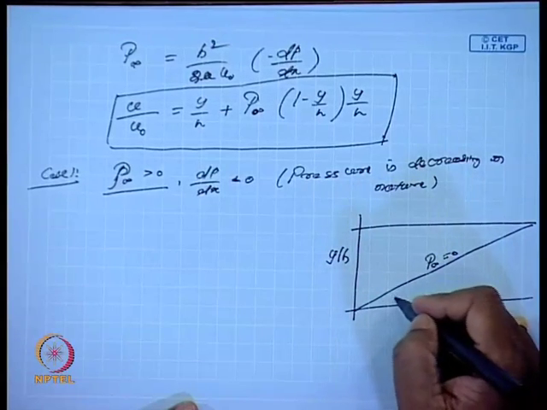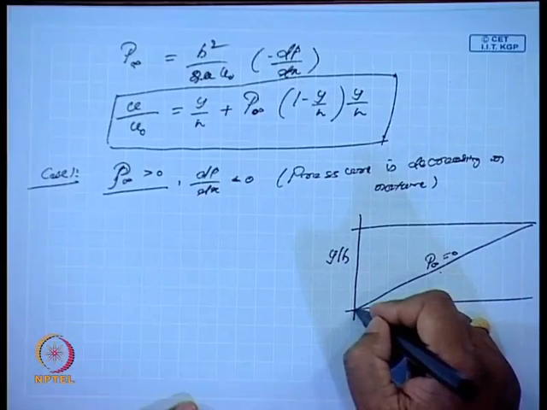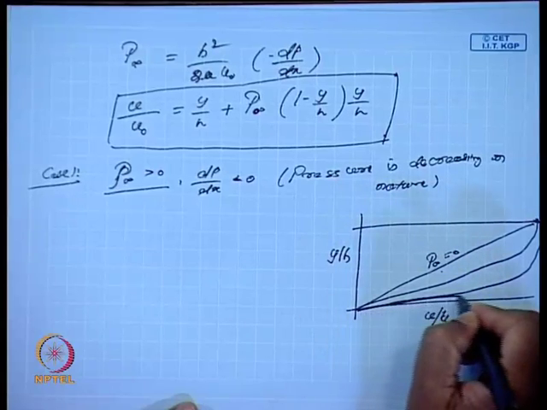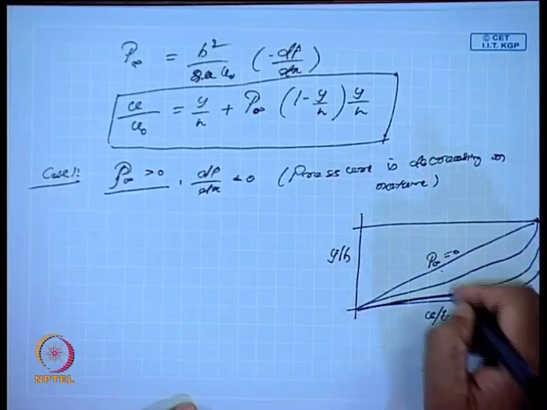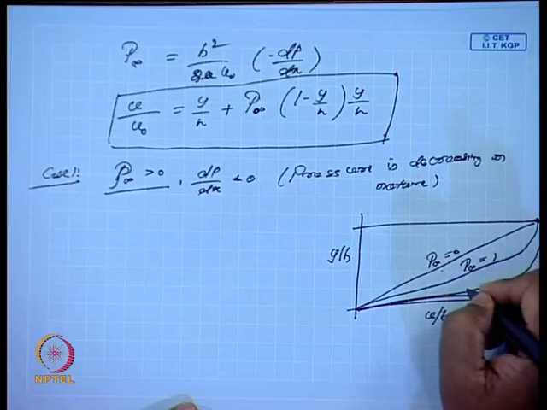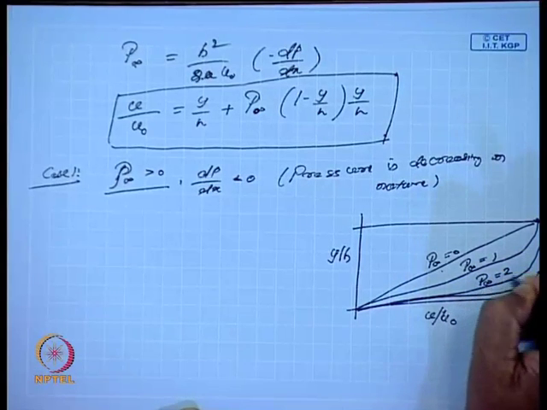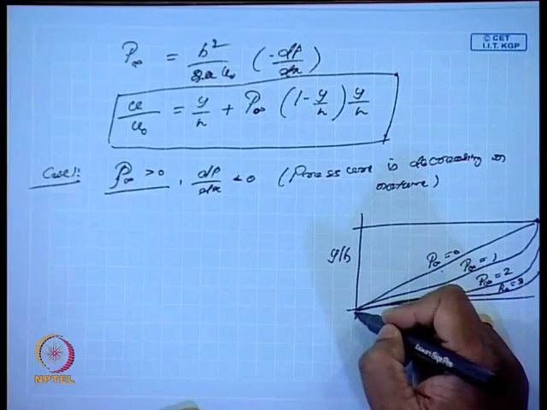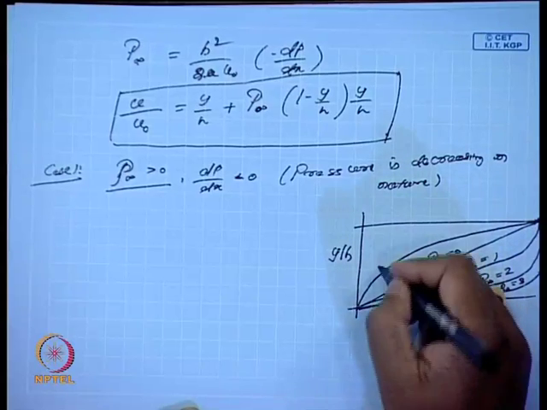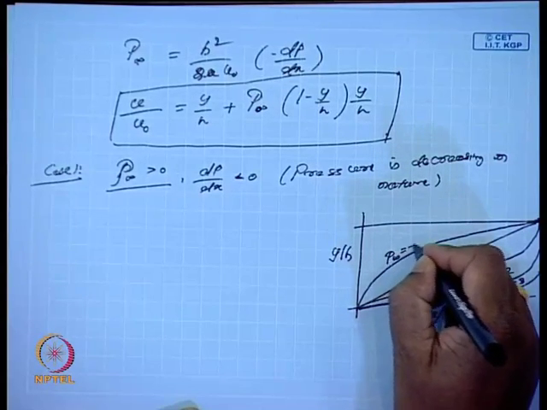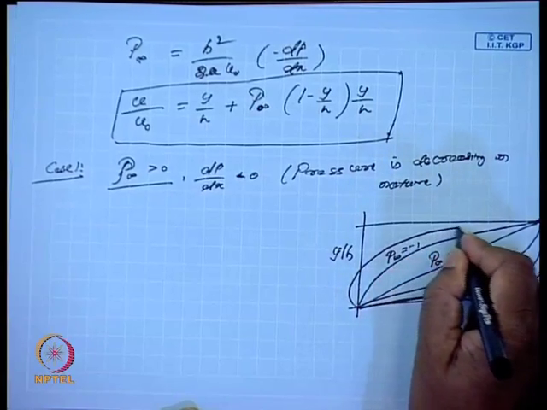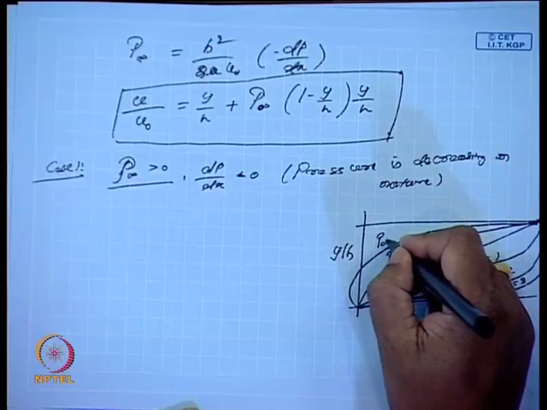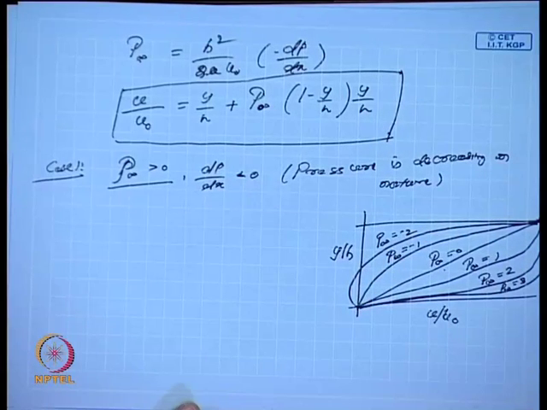And if it is p infinity is 1, p infinity is 2, 3. On the other hand, we have p infinity is minus 1, and this is the case p infinity is minus 2.